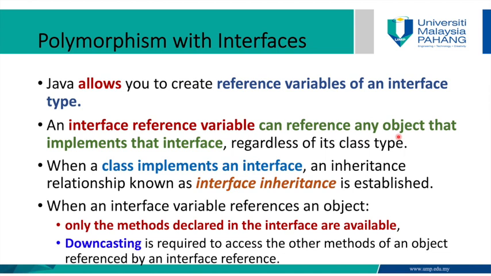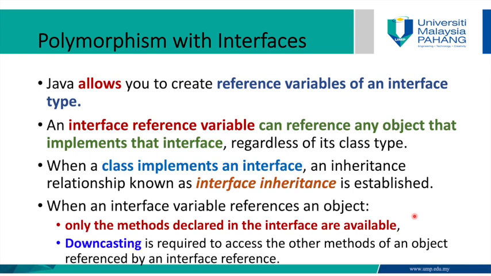When an interface variable references an object, only the methods that have been declared in the interface are available. In the interface, you have to declare all the methods, right? So only those methods that have been declared will be available to those objects.